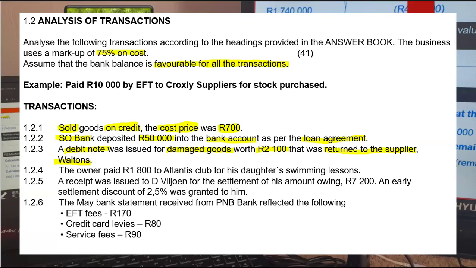However, here, the owner paid this to Atlantis Club for his daughter's swimming lessons. That is not even donations, because whatever is paid to the owner's daughter is the same as though it's paid to the owner. That is drawings and is taken for personal use. Daughter's swimming lessons, that is personal use. It has nothing to do with the business.